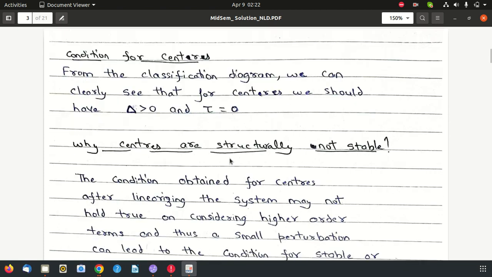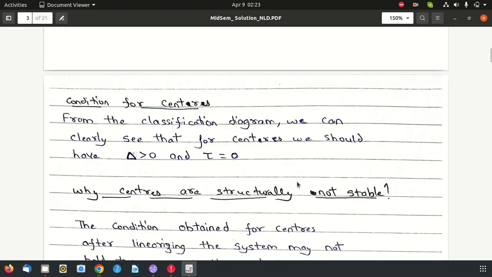The second part was why centers are structurally not stable. Actually centers are borderline cases. Any small perturbation on considering higher order terms may lead to the condition for a spiral, unstable or stable.